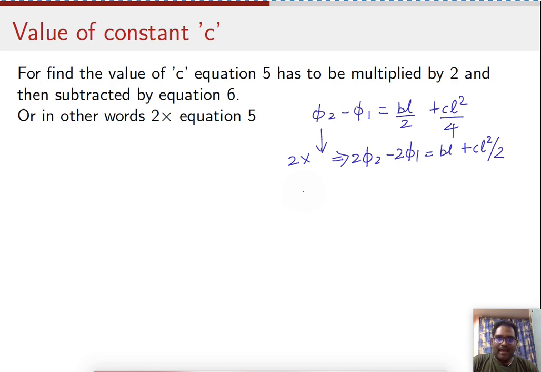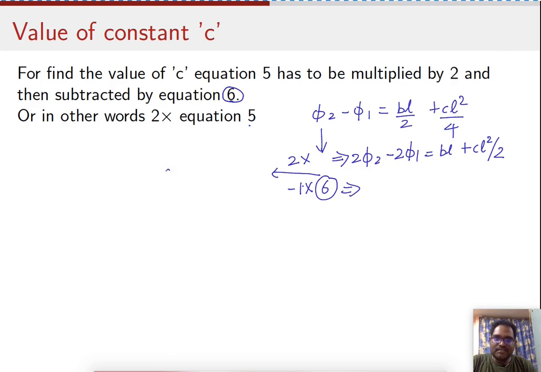And we had the sixth equation. Just multiply it by minus 1, or we are just changing the sign of the sixth equation.